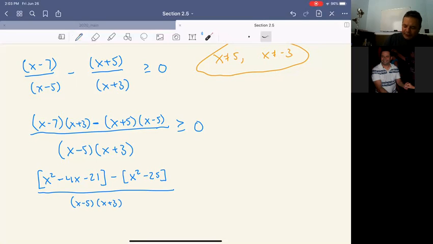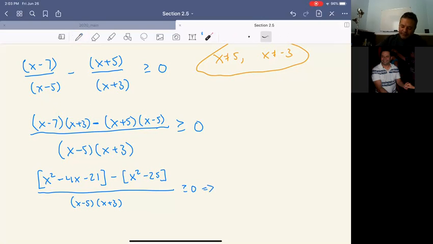I don't mess around with this because our denominator is already in factored form. The factored form is the way we want things to be. This numerator is not really in factored form because of this minus you have. You have to combine them, and then we're going to have to factor it. But it's going to end up not being that hard here.